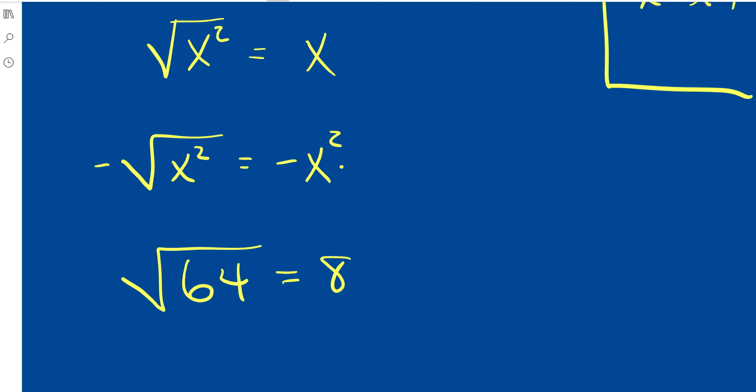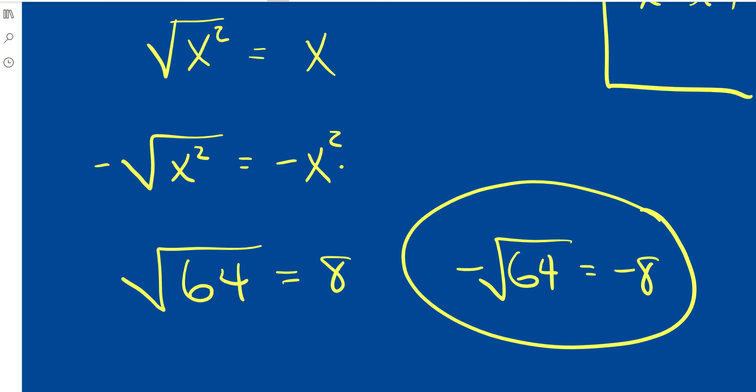If they wanted the negative, I'd write the negative square root of 64 equals negative 8, which ensures I have the negative 8 in the answer. You don't get too many of these, so I wouldn't overly worry about this type of problem. A huge hint when you have numerical values: use your calculator to verify it.